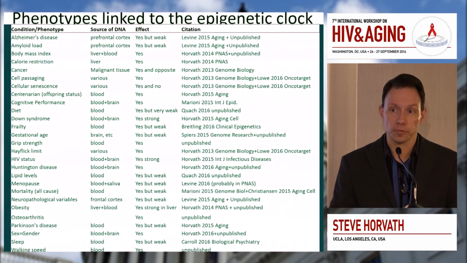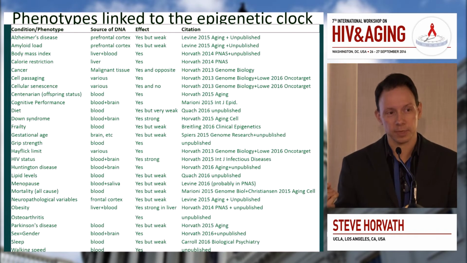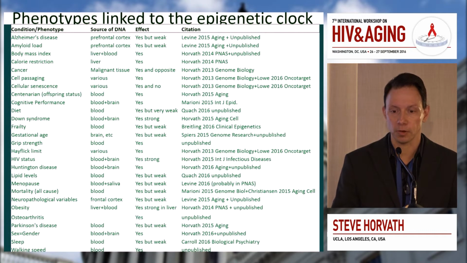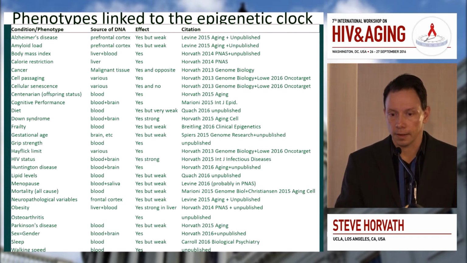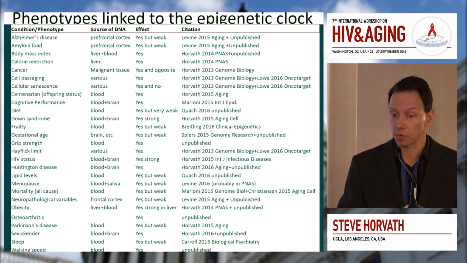Interestingly, cognitive performance relates. So, I mean, it's unbelievable, but if you take the blood samples of a 70-year-old, and if the blood exhibits accelerated aging, their cognitive functioning scores tend to be lower. And the same holds also for brain tissue. HIV status has actually a very strong effect.